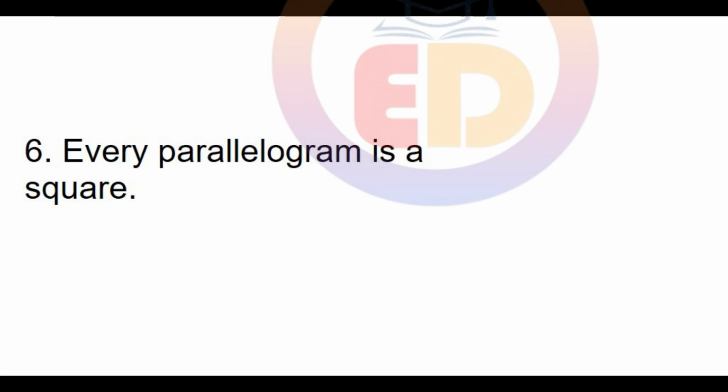Next question says every parallelogram is a square. Here it is asked whether every parallelogram is a square. Let us look at the conditions of being a square. The first condition is all sides are equal. Second is opposite sides are parallel.